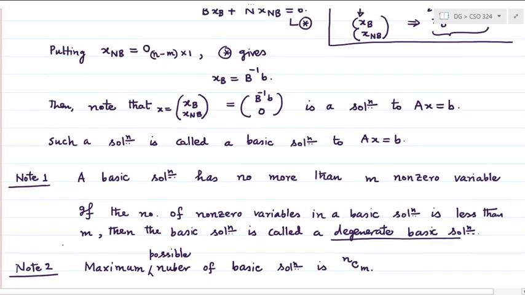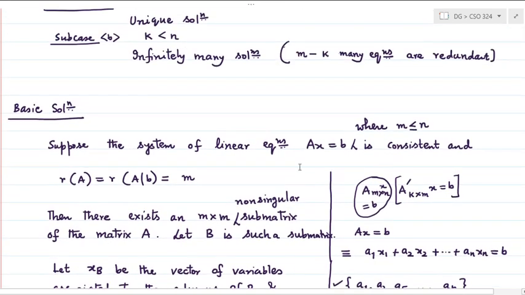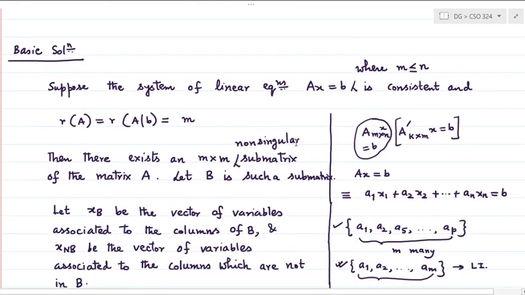By feasibility we mean, and note that we treat this Ax equals b as the set of equality constraints in a linear programming problem. And in a standard linear programming problem, apart from the equality constraints, you also have the non-negativity restrictions of the variables. So the constraint set of a standard linear programming problem consists of Ax equals b together with x greater than or equal to 0. The collection of all x's which satisfy Ax equals b together with x greater than or equal to 0 is called the constraint set.